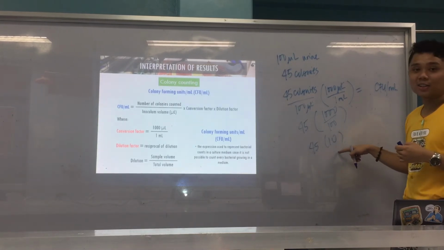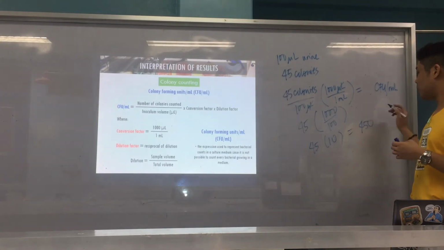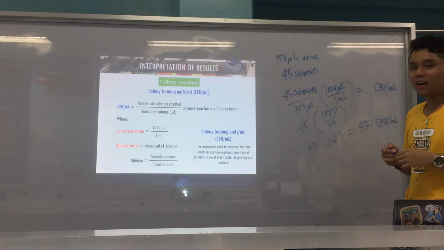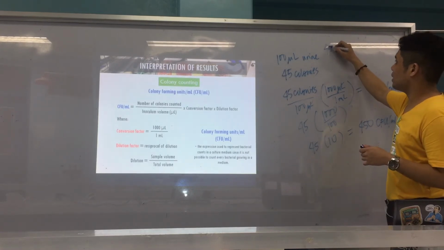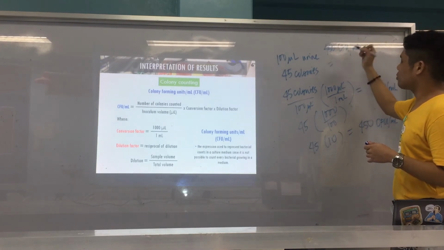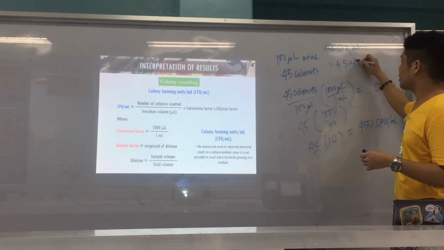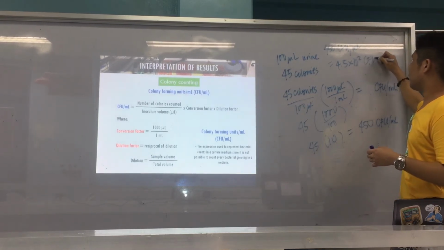So 10 is the easy factor. Therefore, you will have 450 CFU per ml. Or if we convert 450 CFU per ml to exponential form, 4.5 times 10 to the 2 CFU per ml.